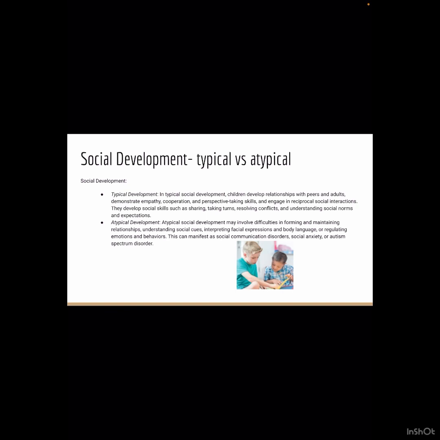Next, you have the last one, social development. So, social development: how are you socializing with others or your peers? In typical social development, children develop relationships with both peers and adults. They demonstrate empathy, cooperation, seeing others' perspectives, sharing, taking turns, resolving conflicts, and understanding social norms, right?